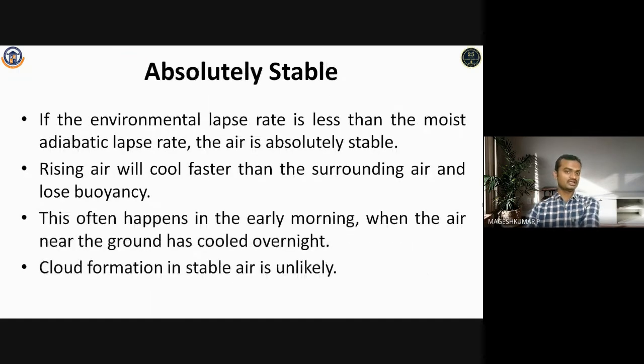There are three stability conditions. The first one is absolutely stable. If the environmental lapse rate is less than the moist adiabatic lapse rate, the air is absolutely stable. When this happens, the atmosphere is considered absolutely stable.